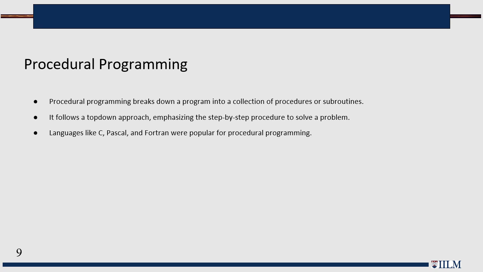It just breaks down the code into subroutines, and it follows a top-down approach. It's always a top-to-down approach, a step-by-step procedure to solve a problem. Languages like C, Pascal, Fortran normally follow this procedural programming concept.